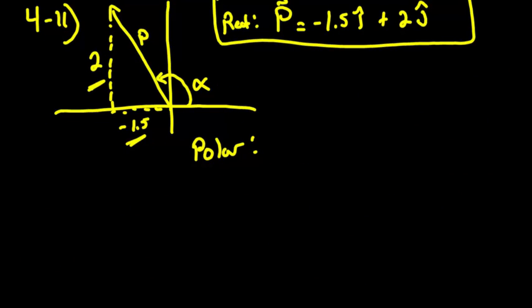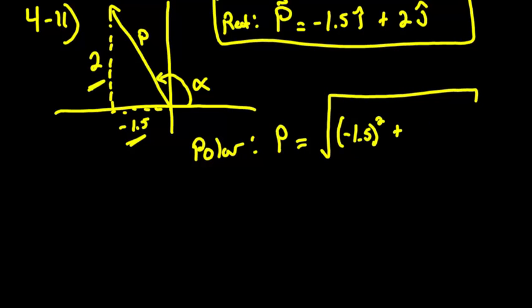So the length P is equal to the square root of negative 1.5 squared plus 2 squared. The answer to this is just equal to 2.5 centimeters.